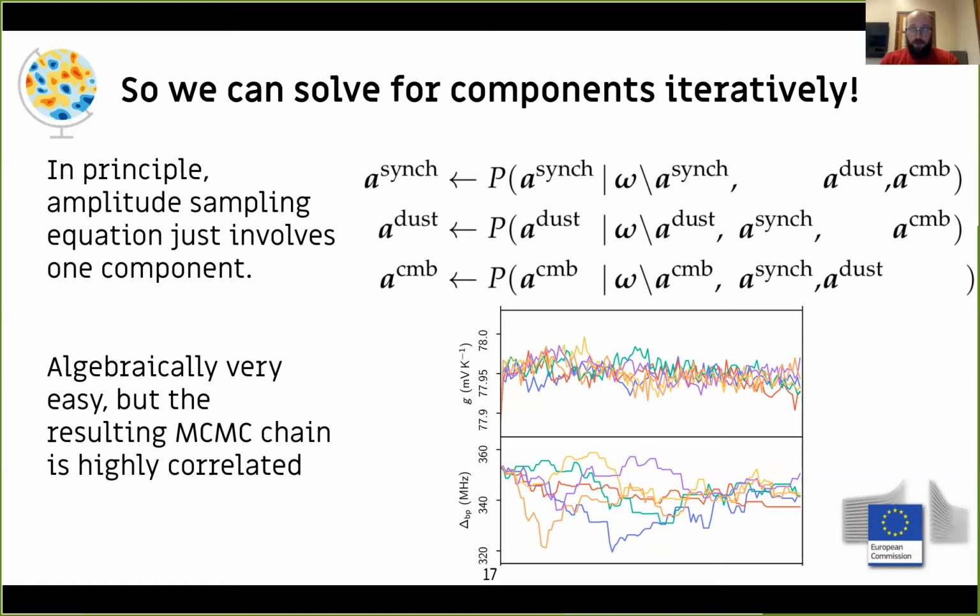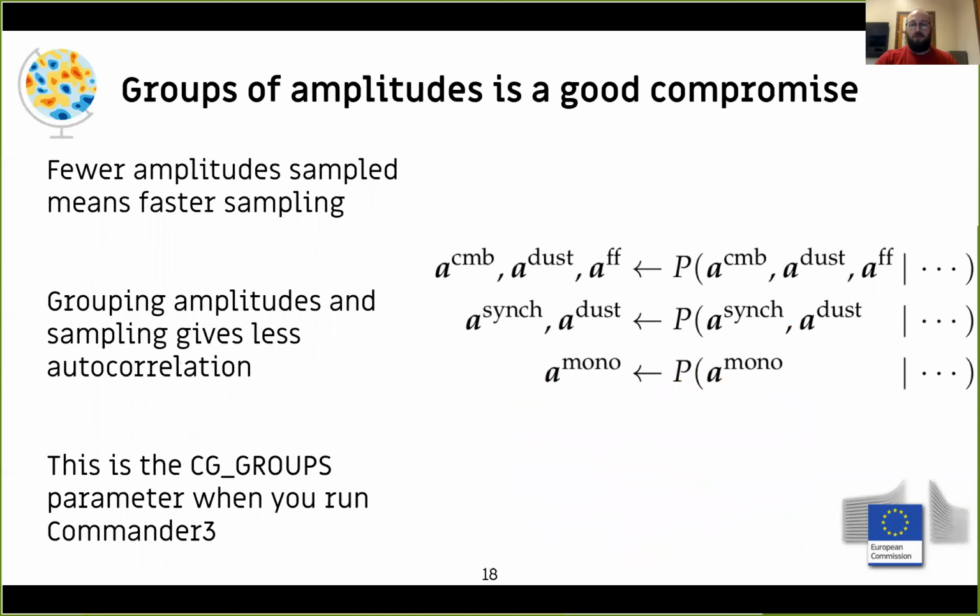We're essentially solving for one operator at a time. That's very algebraically easy. That's got a condition number of 1, and it's very fast to solve. But the parameters themselves are very correlated, and we get long correlation lengths. Perhaps there's a middle ground. And this is where we use groups of amplitudes rather than all amplitudes at once.